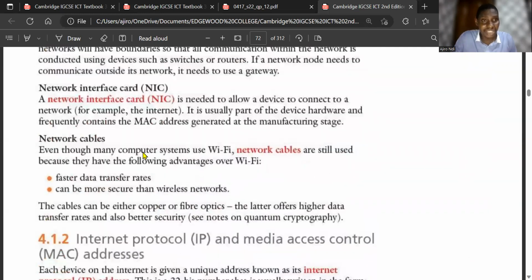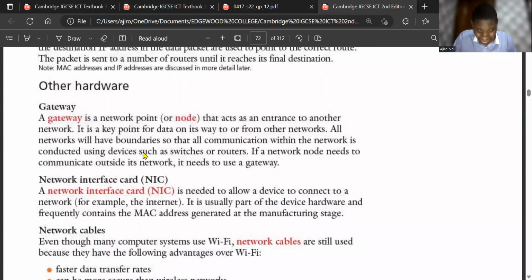All this gateway, they didn't bring it in the third edition. But you need to also know what they are, as much as possible. For gateway, we call them network points or nodes, and they act as an entrance to another network. That's what gateways are. It's also a network hardware device.